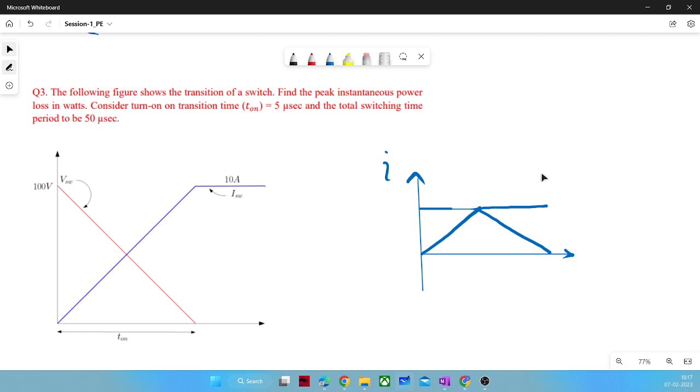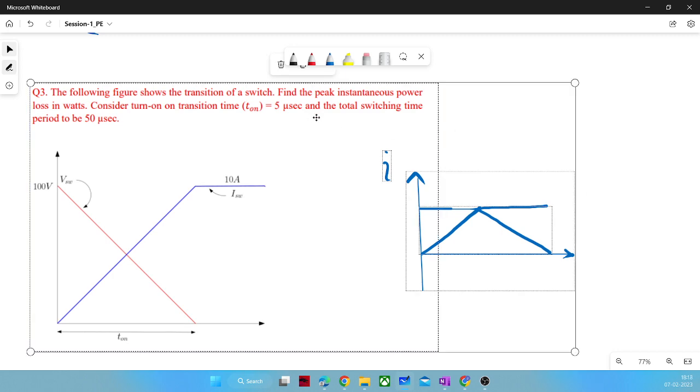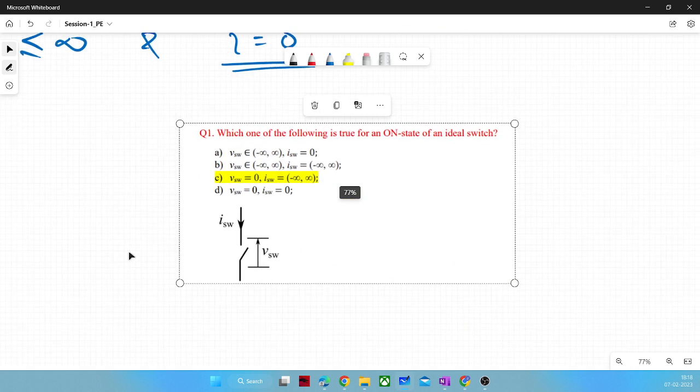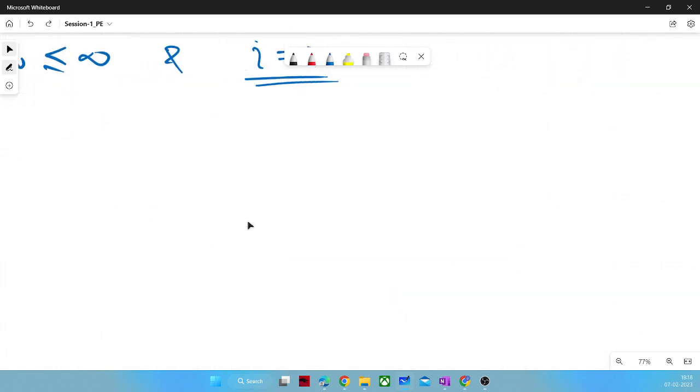Generally, what is the condition behind when peak instantaneous power loss occurs in the switch? So the transitions of switches are like that.